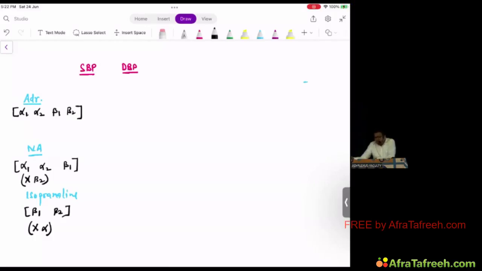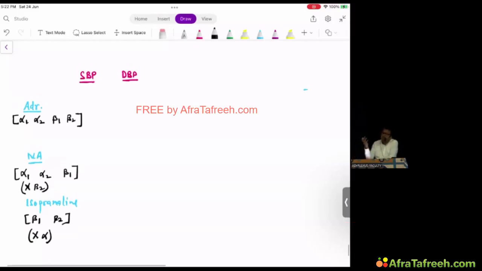We are trying to understand their effect on blood pressure, systolic and diastolic. Systole. What happens in systole? What do you call systole? Heart. Which receptor is involved in contraction of the heart? So systolic BP is a function of beta 1 action.